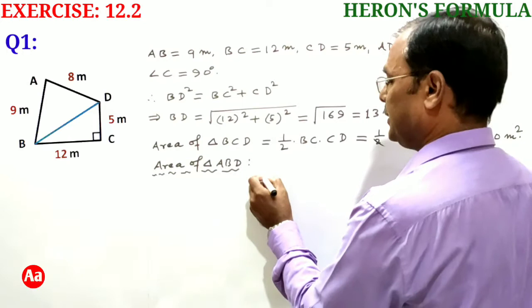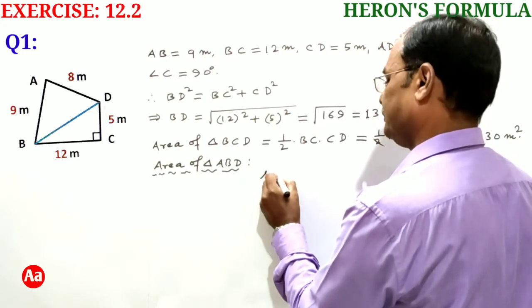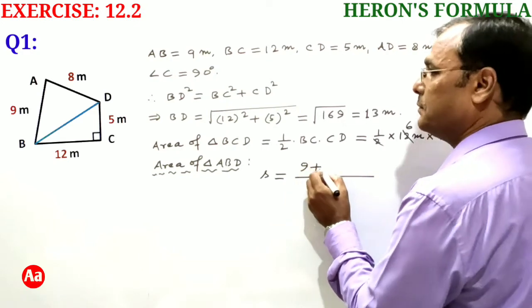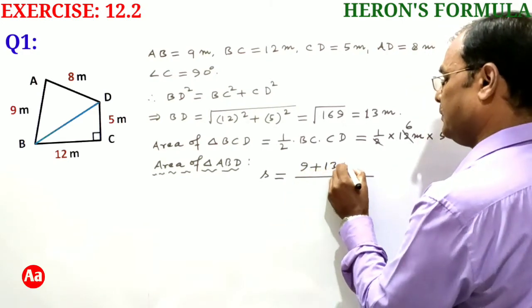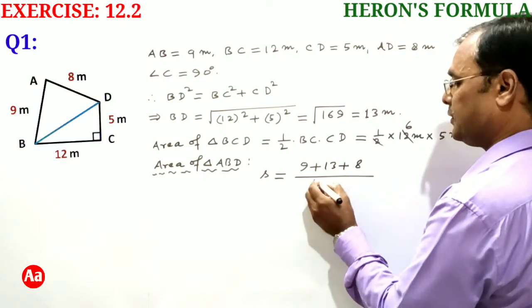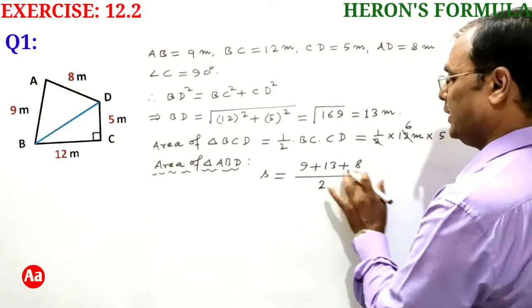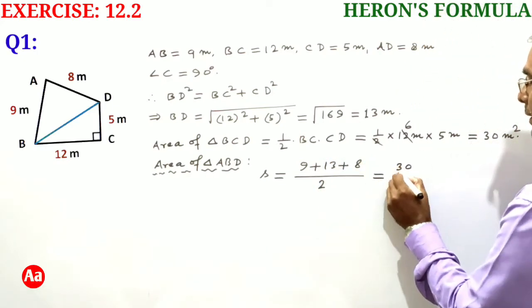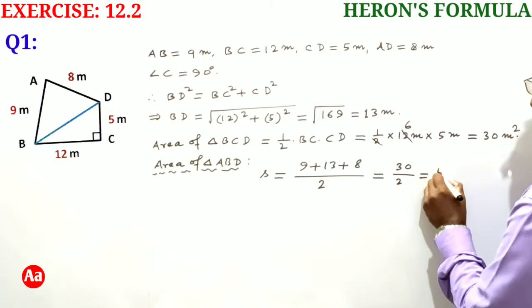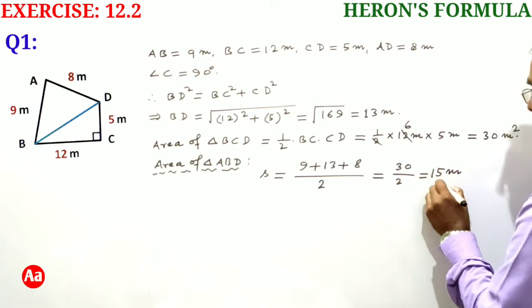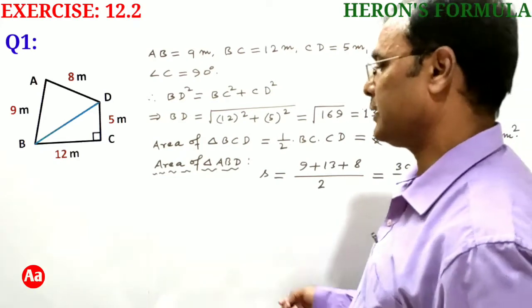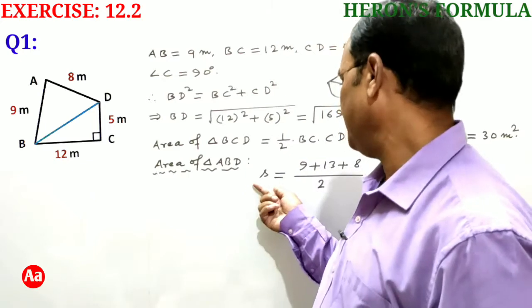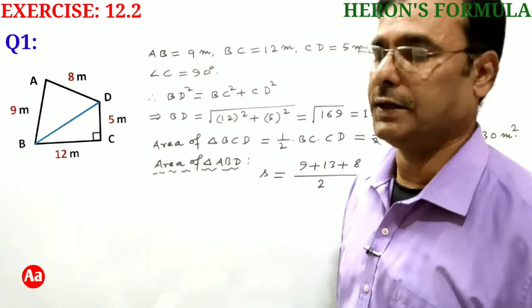So semi-perimeter S is equal to 9 plus 13 plus 8 divided by 2. 9 plus 8, 17, plus 13, 30, by 2, it is 15 meter. So for the calculation of the area of the triangular part of the park, we have got semi-perimeter 15 meter.